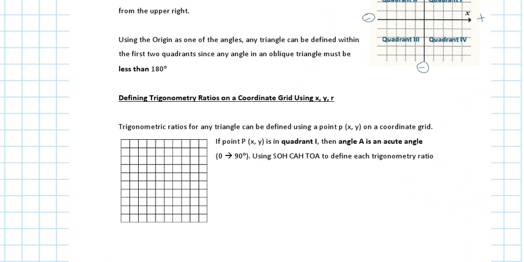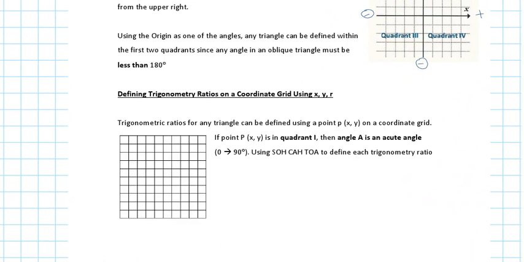So, use the origin as one of the angles. Any triangle can be defined within the first two quadrants, since any angle in an oblique triangle must be less than 180. Like we said, in this course, we are going to only deal with the first two quadrants. Okay?